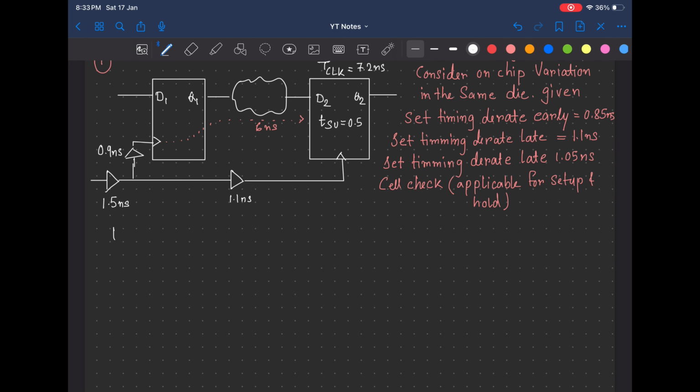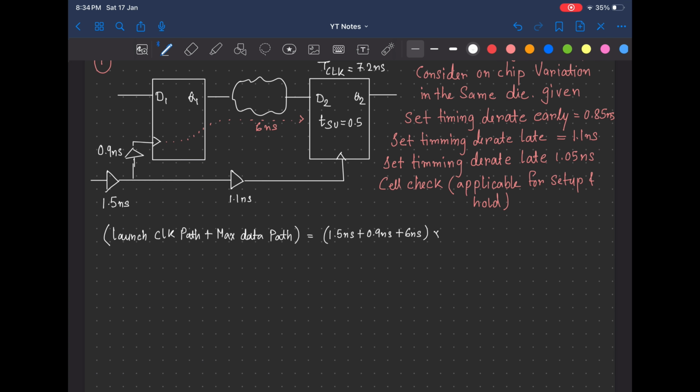So 1.5 nanosecond plus 0.9 nanosecond plus 6 nanosecond, multiplied by the late derate, which is 1.1.